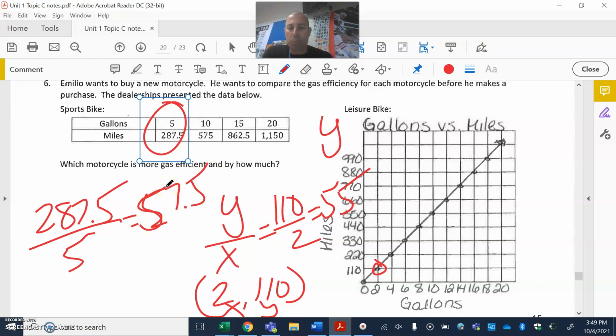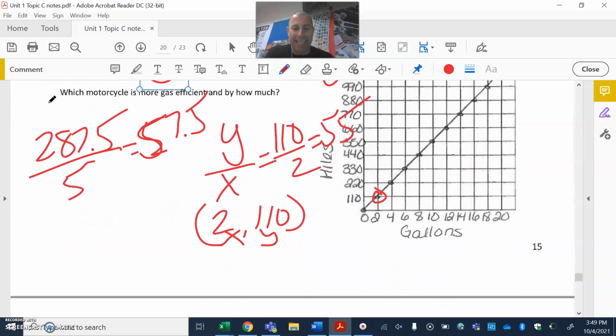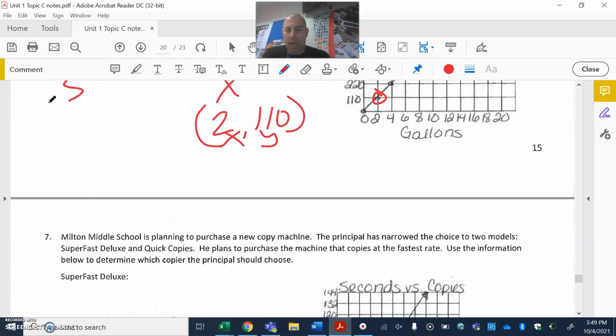So which motorcycle is more gas efficient? It is going to be the sports bike because we're going farther on that one tank of gas.